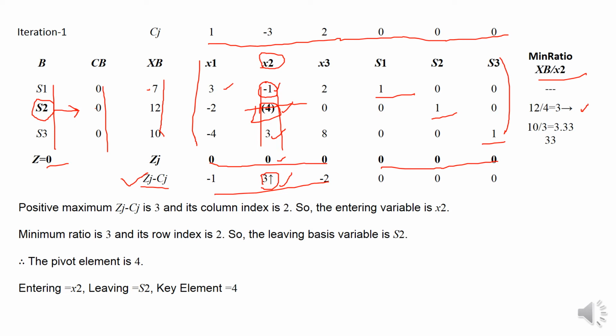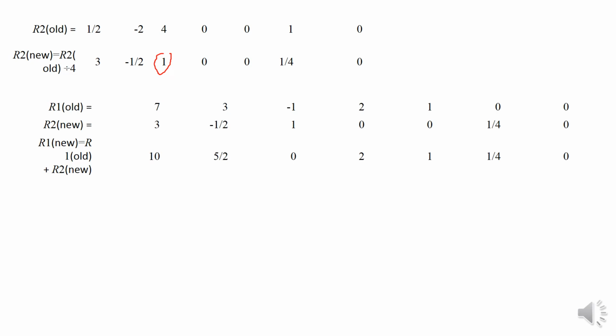Just for understanding, we will write the pivot row. Here the pivot row is R2. So R2 new is R2 old upon 4. After dividing by 4 we get this, and here the pivot element has become 1 now. Then R1 new will be R1 old plus R2 new.